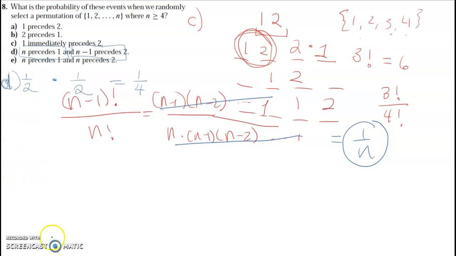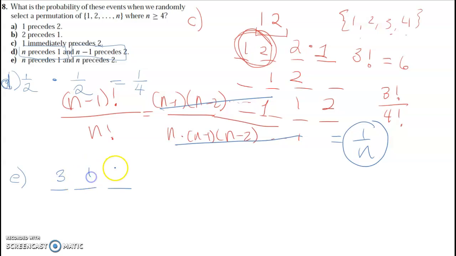Alright, and last part, for E, I think probably the easiest way of thinking about this is just to come up with a number. Let's assume that n equals 3. So if n is 3, then we have 3 spaces. So 3 needs to precede 1 and 2.